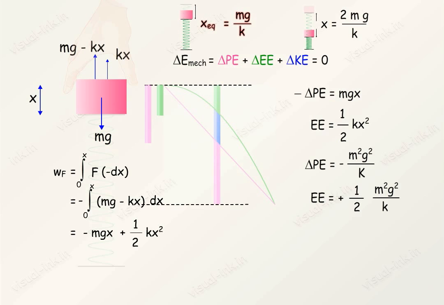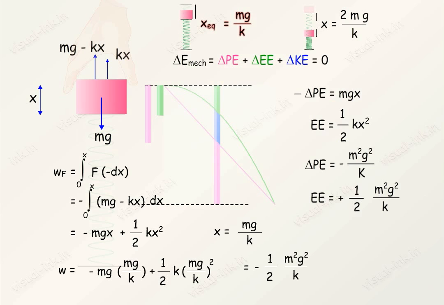Since at the equilibrium position, that is x is equal to mg by k, this force will become 0. Therefore, using x is equal to mg by k, we get the work done by this force as minus half m square g square by k, which is equal to the decrease in the mechanical energy of the system at the equilibrium position.